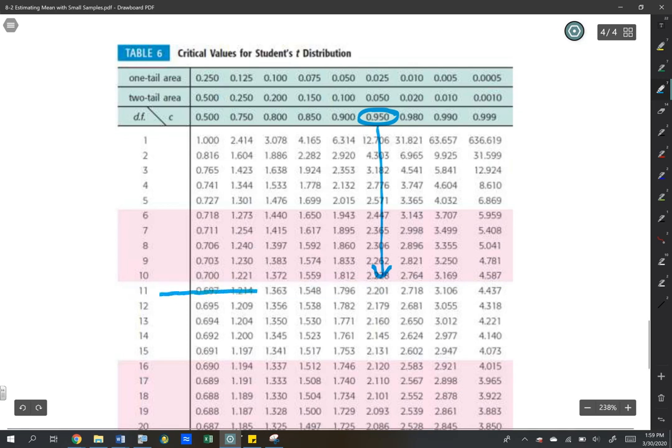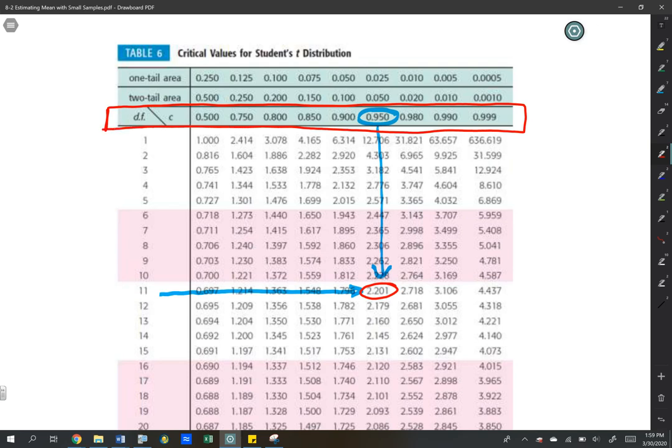So that brings us to this value right here, 2.201.